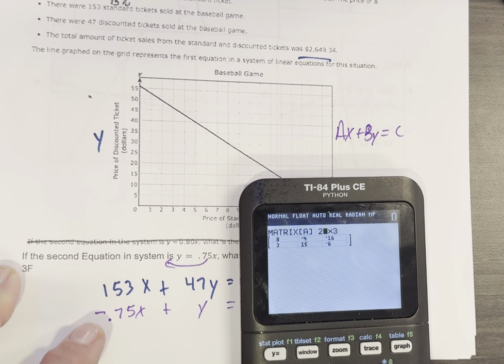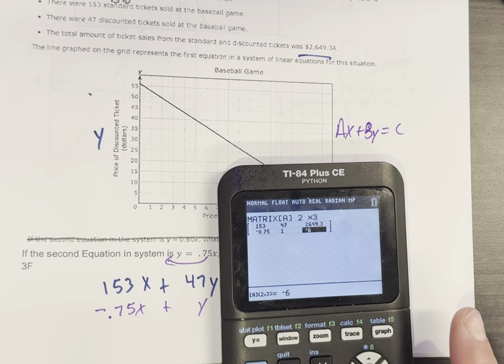And 2649.34. And negative 0.75. And then when there's not a number in front of the variable, the number is 1. Oops, I didn't press enter. And then 0.